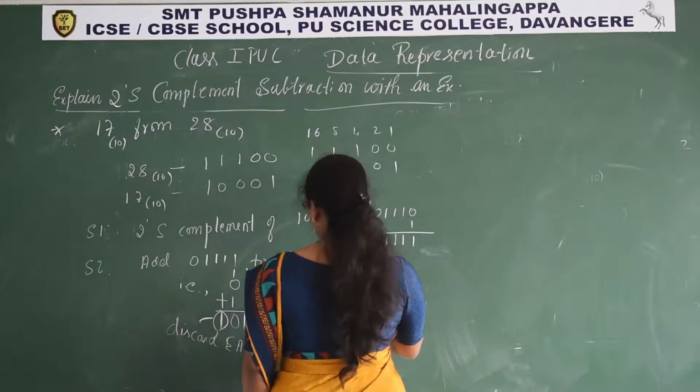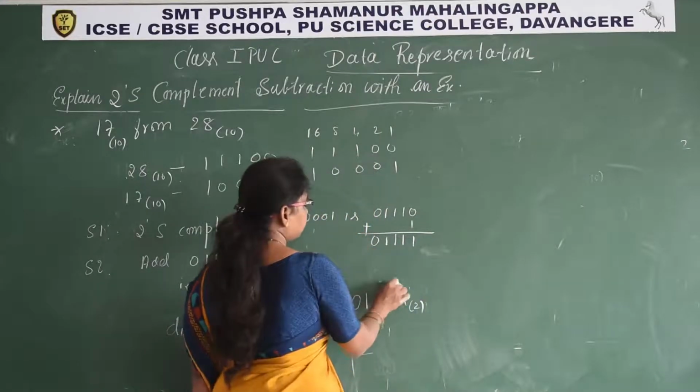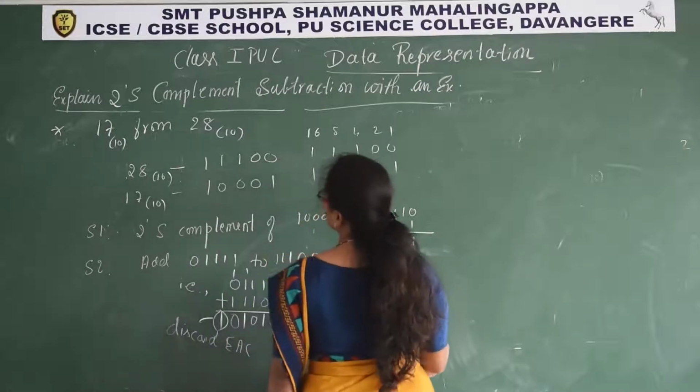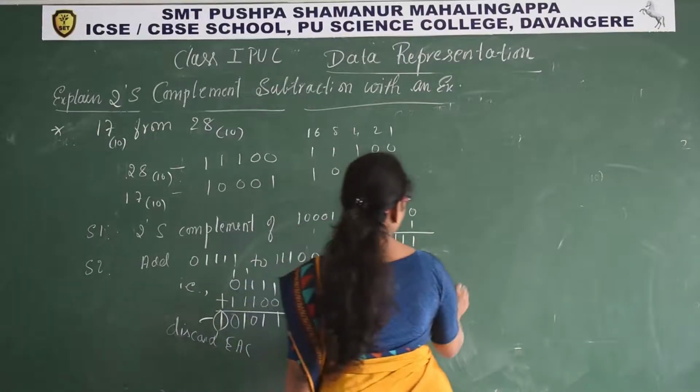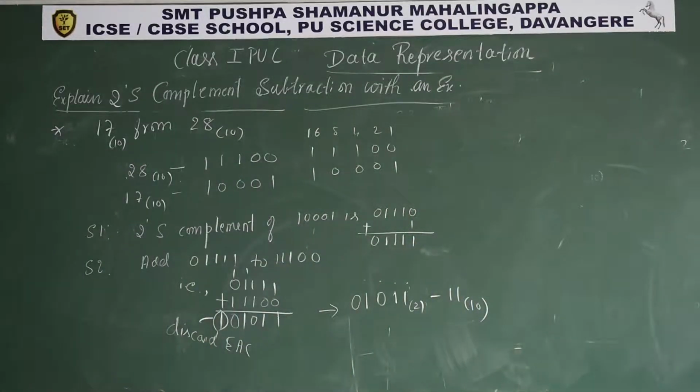What's the value here? 8, 4, 2, 1. 10 plus 1, 11. 11 base 10. Next.